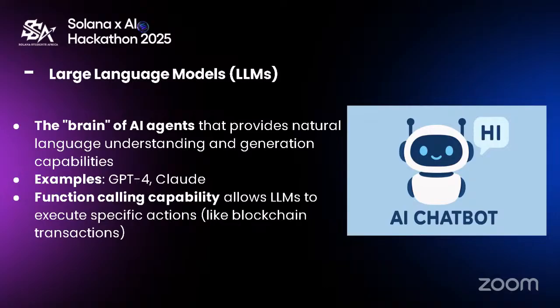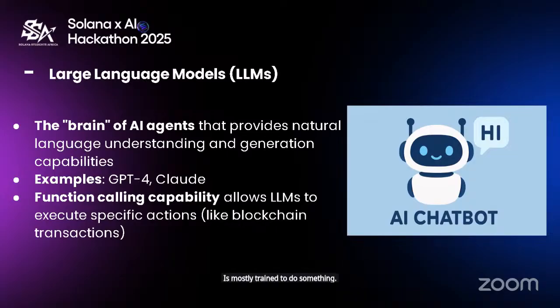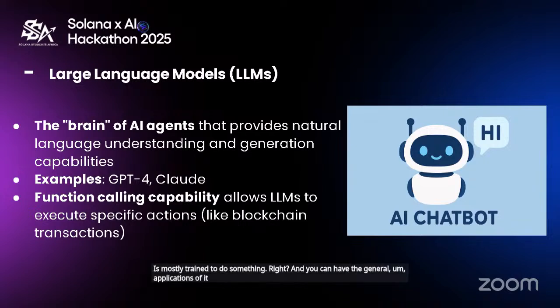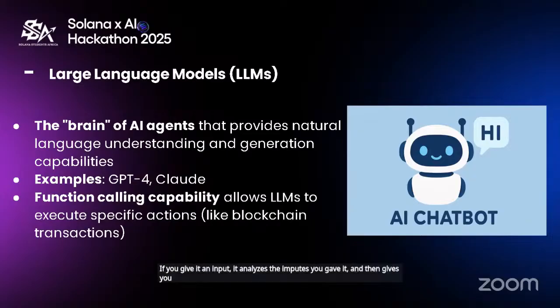Just to give a context, you have the trained version of the AI. So the AI you use is mostly trained to do something, right? And you can have the general applications of it. You can have the context applied applications of it. And then what enables it to make decisions based on the input. So it's more of an input. If you give it an input, it analyzes the input you give it and then gives you the desired output.